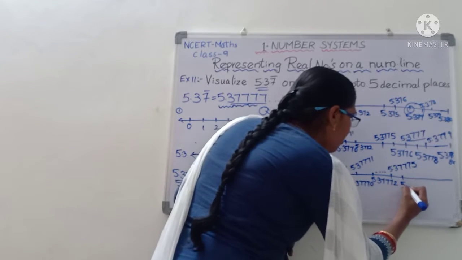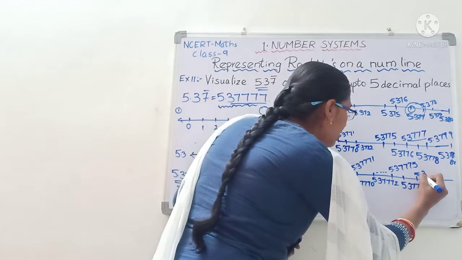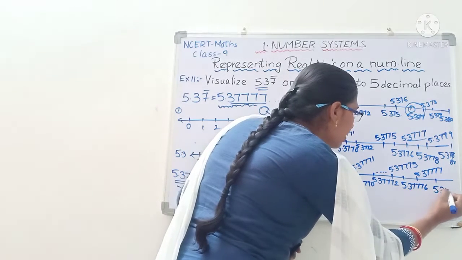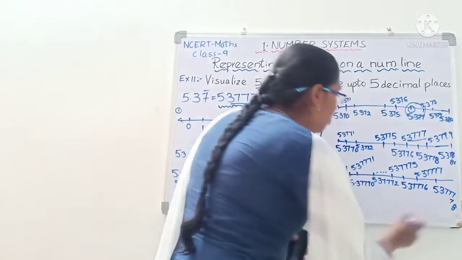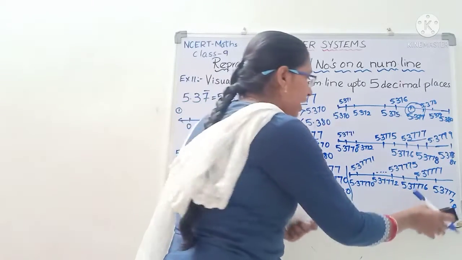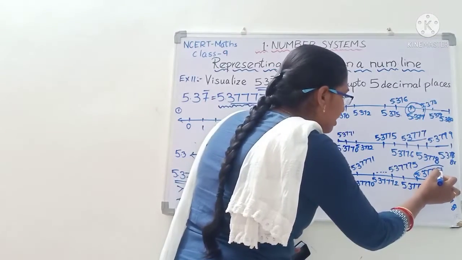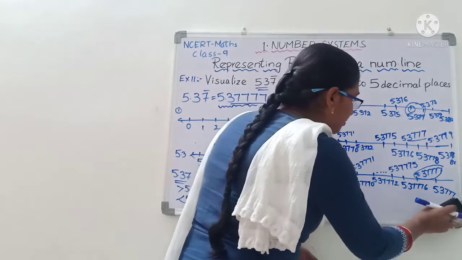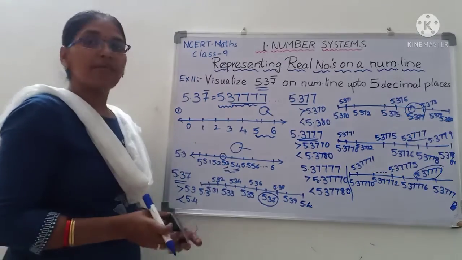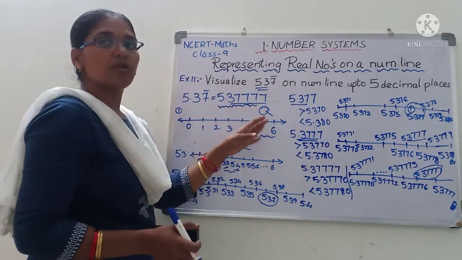Then you get 5.37776. Then 5.37777, then 5.37778. So in between 5.37776 and 5.37778 you get 5.37777. In this way, using the method of magnification, you can locate real numbers on the number line, children.